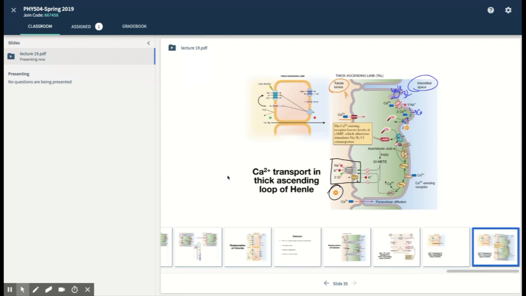But in order to make sure that this is going to continue to be fueled, you have an apical potassium channel that allows for potassium to be secreted from the inside of the cell back out into the tubular lumen. That means that there is a net movement of positive charge into the lumen of the thick ascending limb, creating that positive luminal voltage. That is the driving force for this paracellular uptake of calcium.